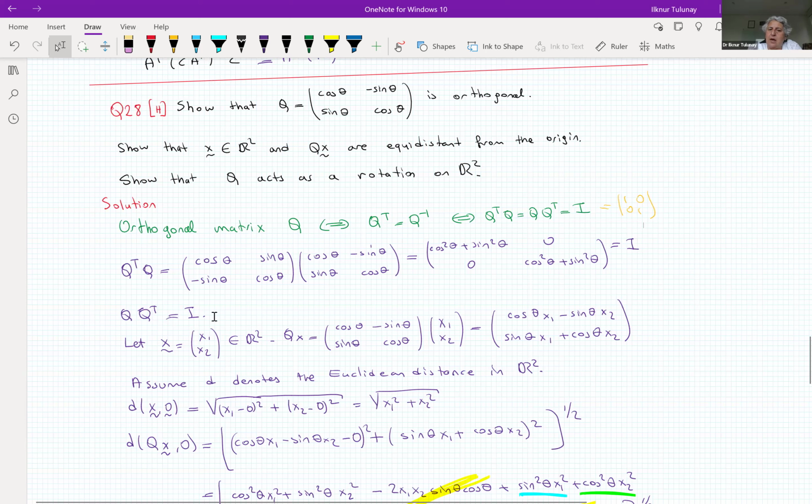And also we need to prove the other one, or we can use the transpose of the transpose, by just replacing every place with the transpose.